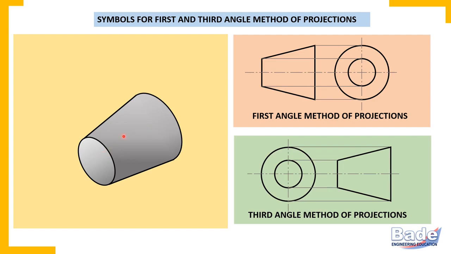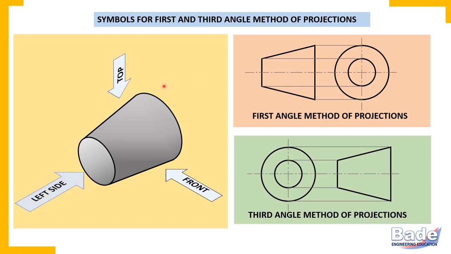Now here the cone is placed in such a way that the axis is parallel to HP as well as VP. This is the front side of the object. So in front view, it appears as a trapezium. And this smaller circular end is visible from the left side view.